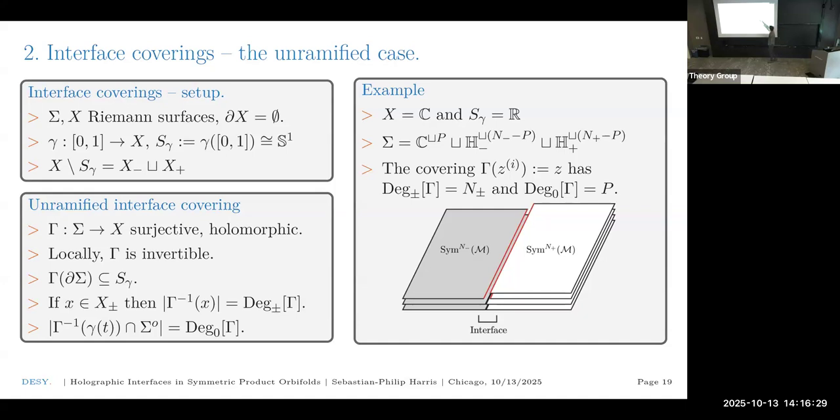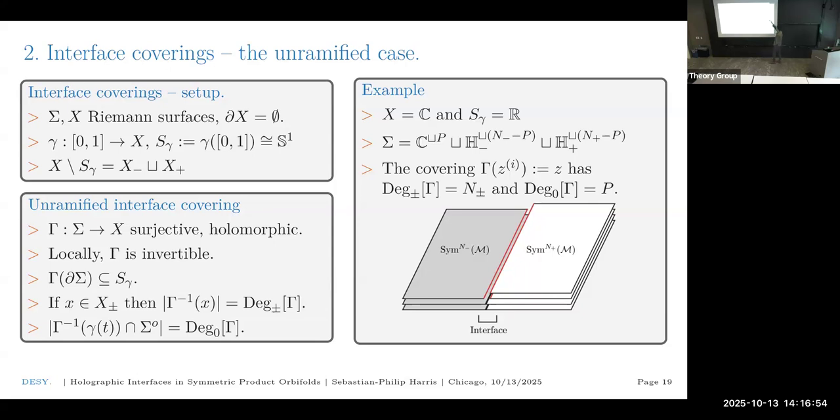So every point in the lower half plane on X has n minus p pre-images here and p pre-images here. So in total, the degree on the lower half plane is n minus, and the degree on the upper half plane likewise is n plus.